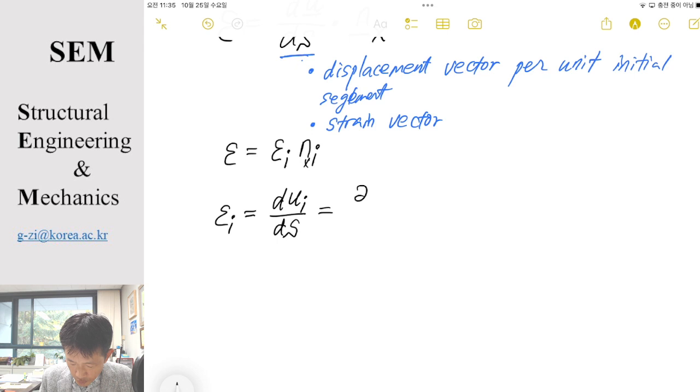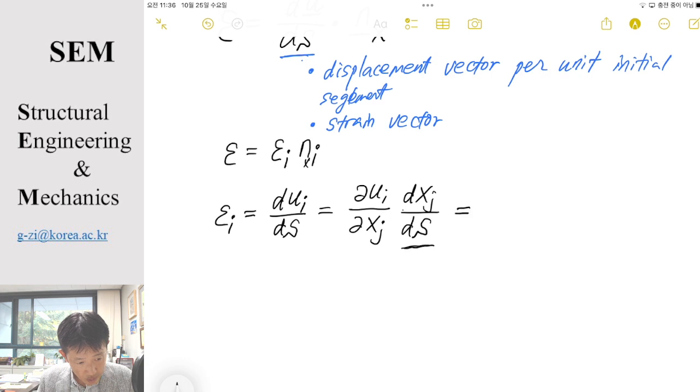Now let's use chain rule. If you use chain rule, we can rewrite that relation by means of the initial coordinate, and then, sorry, this is full derivative, dxj with respect to the initial length. Okay, and obviously this term becomes the unit vector.